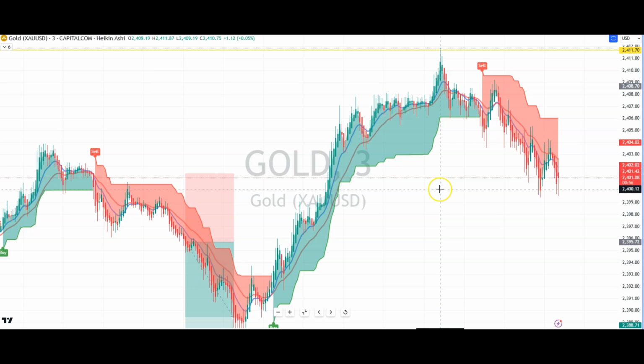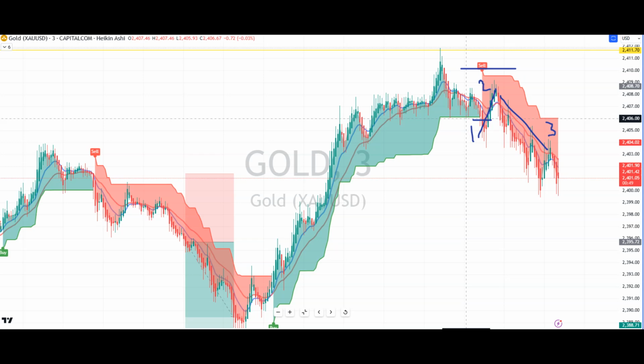There's always pullbacks. So whenever you get a change of character, which is what this is, so there's your change of character there. Get in there, stop up here, happy days. But there's a 1, 2, 3. So that's the 1. The retracement is there, that's the 2. And then there's the 3.